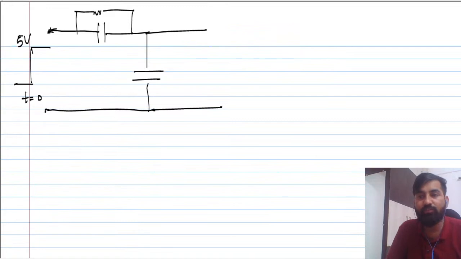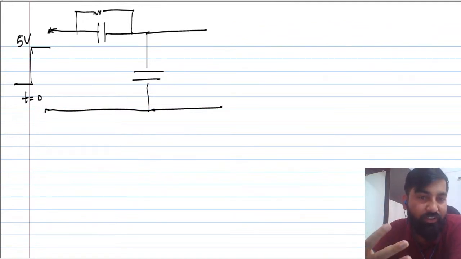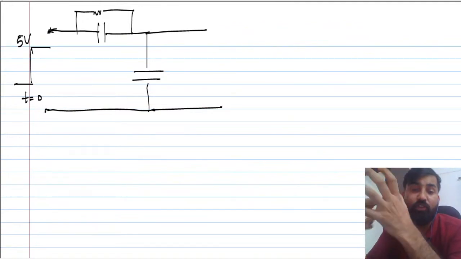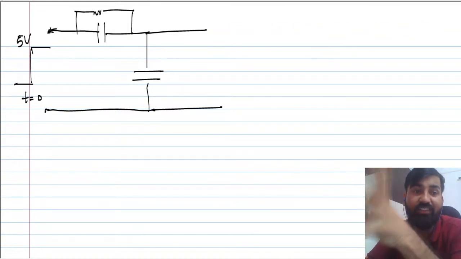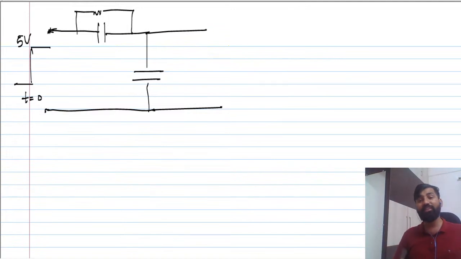Think about it. As everybody knows, a capacitor cannot change its voltage suddenly. So we can't replace it by a short circuit. Then what will you do?